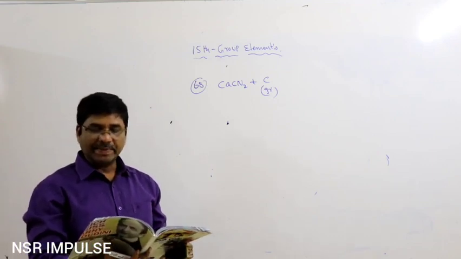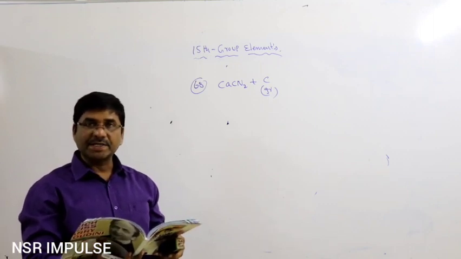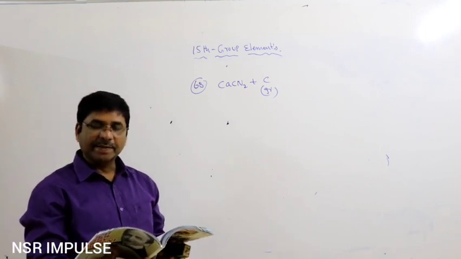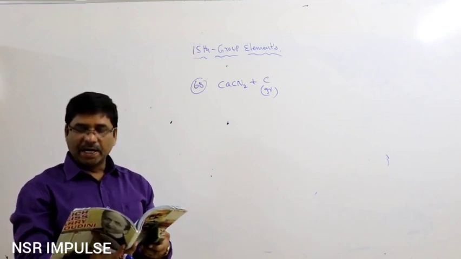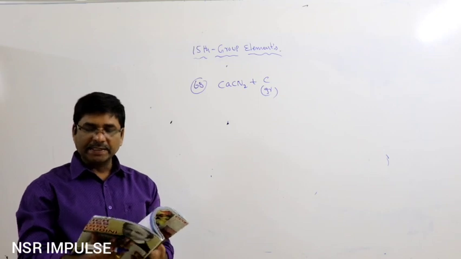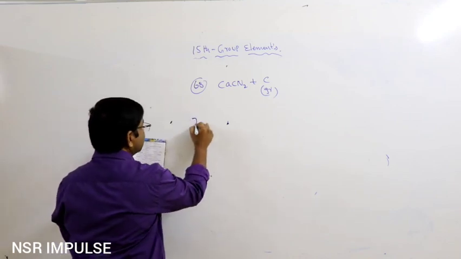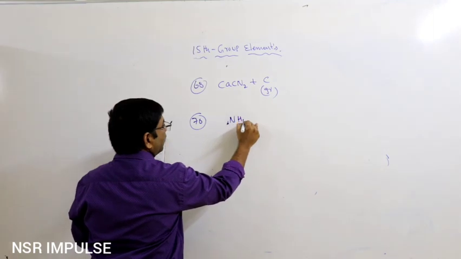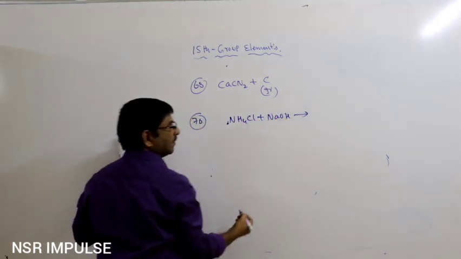Next, question number 69. In the preparation of HNO3 by the Ostwald process, ammonia is oxidized, same question repeated. Next, question number 70. Ammonium chloride on heating with NaOH liberates which gas?